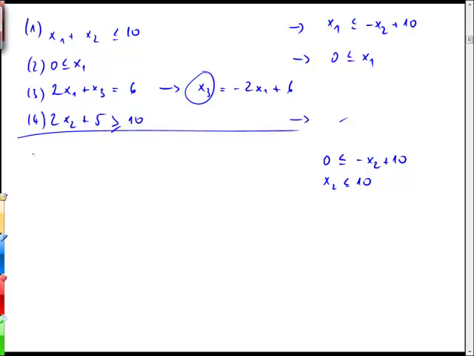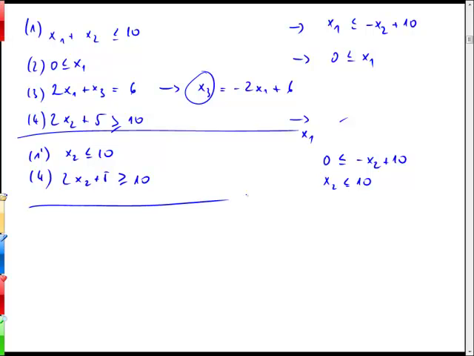That means I have a new constraint, x2 less or equal 10, and the old one 4, which did not contain x1, this is 2x2 plus 5 is larger or equal 10. And I have eliminated x1. That means the constraints 1, 2, and 4 are satisfiability equivalent to 1 prime and 4.